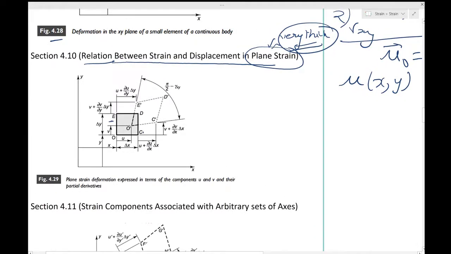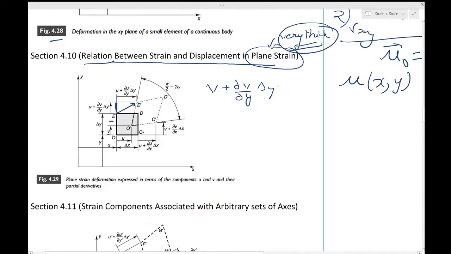We are considering only the y direction now. If O has displaced by v in the y direction, E should have displaced by v plus dou v by dou y into delta y, in the y direction only. That is what E and E dash show, the component in the y direction.